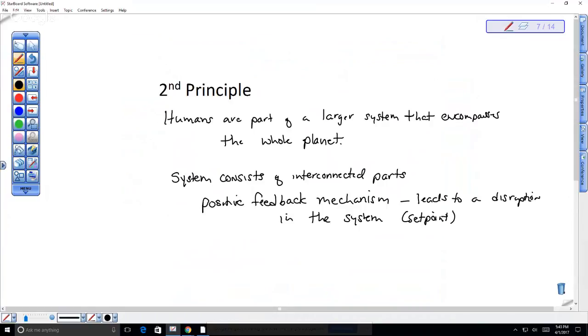Specifically, maybe we'll talk about the set point. Okay, so the set point could be temperature, right? Annual average temperature. It could be the amount of carbon dioxide in the atmosphere. It could be, the set point might be the salinity of a pond or stream. Okay, those are things that we've just talked about, and we'll talk about more.